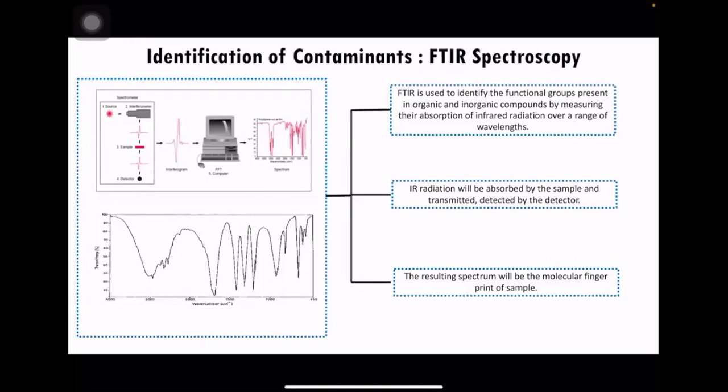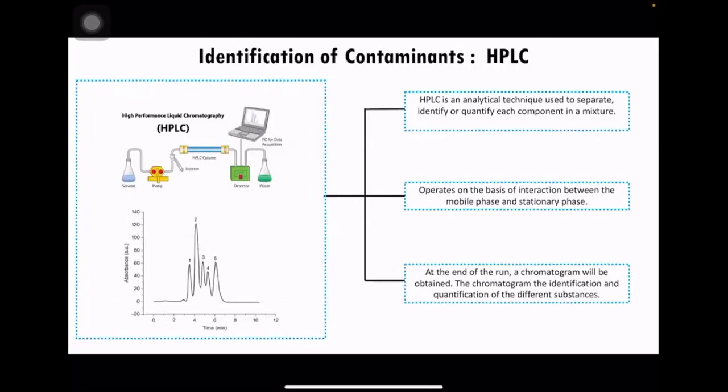Since not only one type of technique would be sufficient to identify the contaminants, we are going to further validate the data by using other techniques. For that, HPLC, which is high performance liquid chromatography, would come in handy as well. It is a technique used to separate, identify, or also to quantify each component in a mixture.